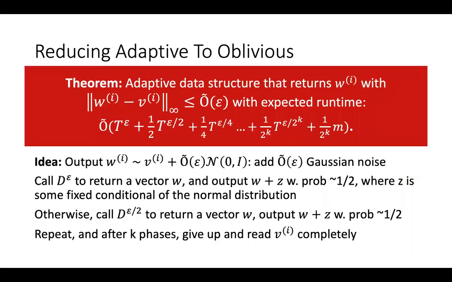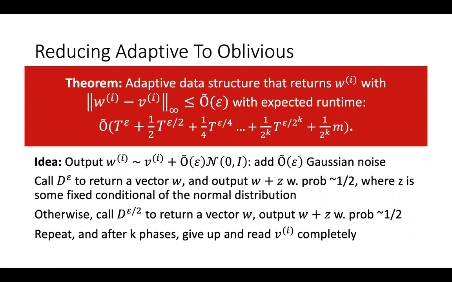A little more precisely, the way we ensure adaptivity is that the output w_i we shoot for is v_i plus O tilde epsilon times a normal distribution. In other words, w_i is going to be v_i plus O epsilon times some Gaussian noise. To output a w_i from this distribution, we're going to first call D epsilon to return a vector w, which is L2 close to v.